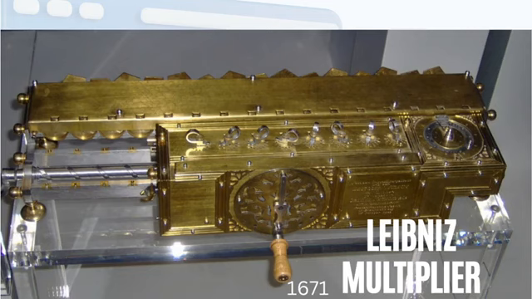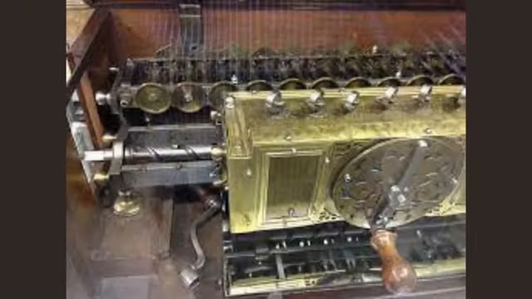Next is the Leibniz multiplier. The Leibniz multiplier was invented by Gottfried Wilhelm Leibniz in the year 1671. It was an improvement of the Pascaline.